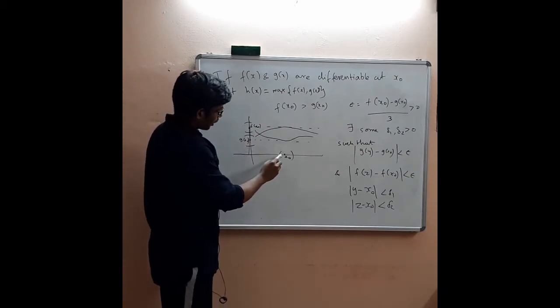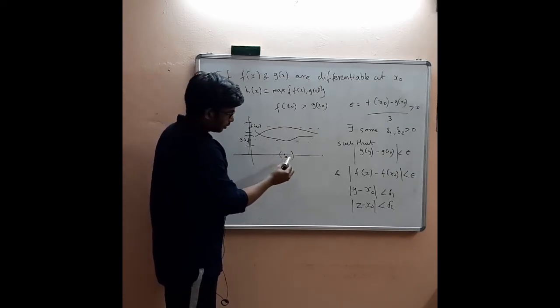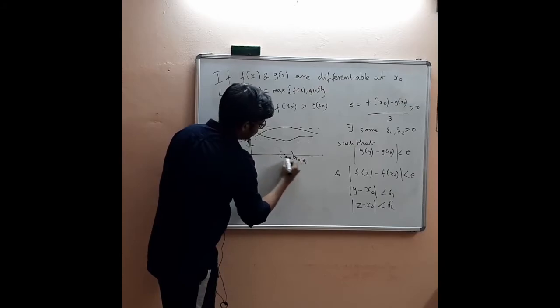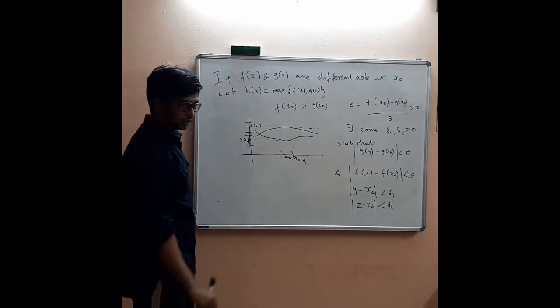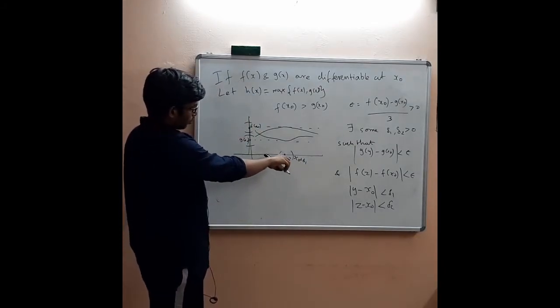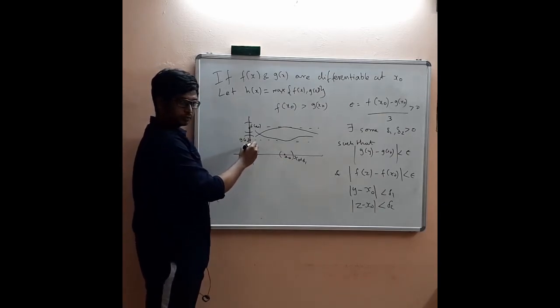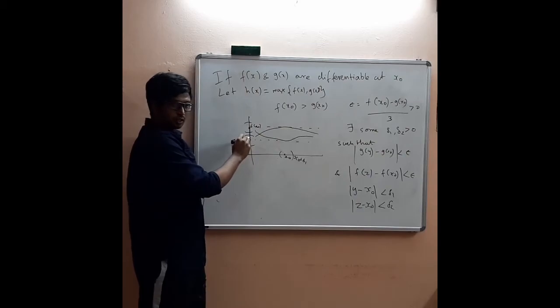What I mean is, for every y I choose within this interval, from x0 minus delta 1 to x0 plus delta 1, I am going to have the corresponding values of g of y within the epsilon interval.